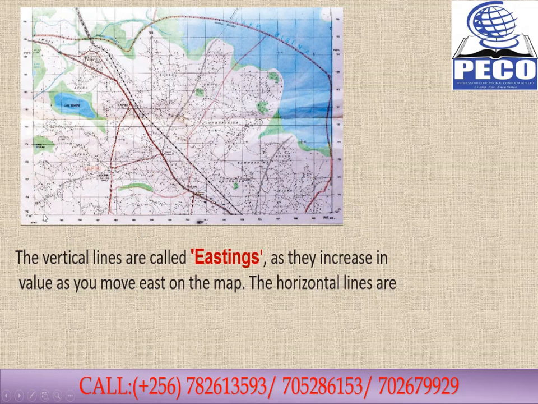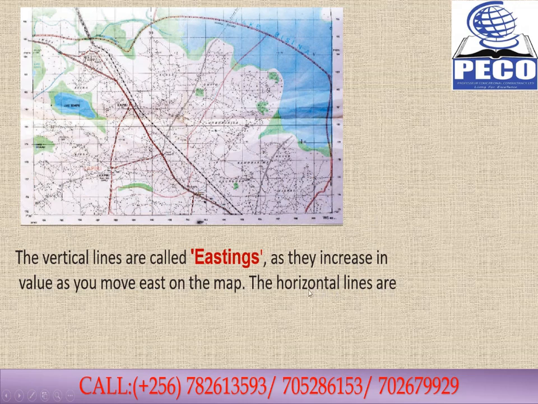If this is 80, this is 81, 82, 83, 84. So the values are increasing as you go to the east of the map, or the right hand of the map.